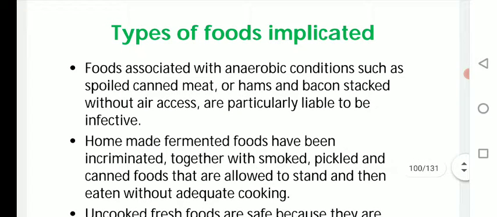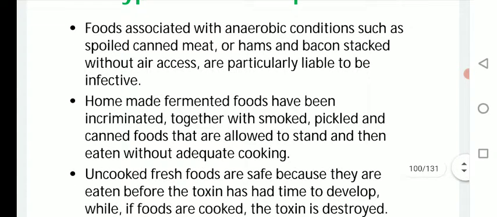So foods associated with anaerobic conditions such as spoiled or canned meat, or hams and bacons stacked without air access, are particularly liable to infection, and homemade fermented foods have been incriminated. Together with smoked, pickled and canned foods that are allowed to stand and then eaten without adequate cooking.